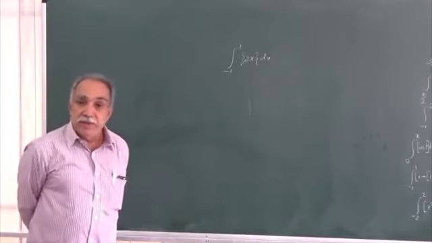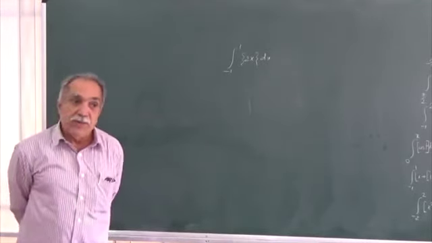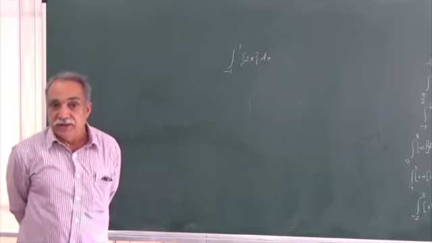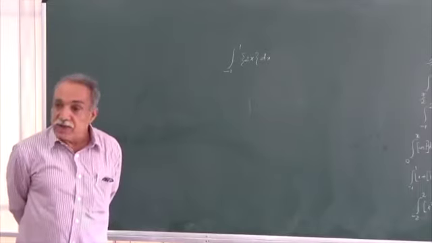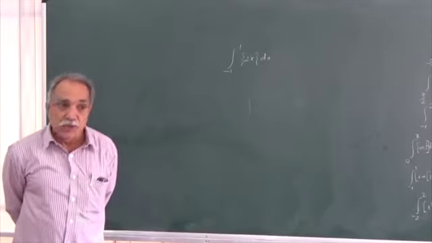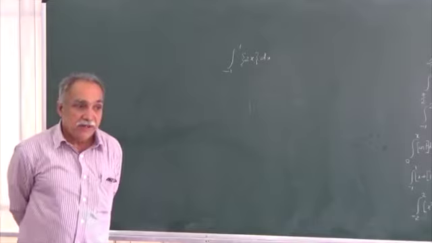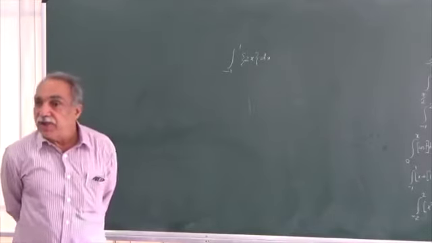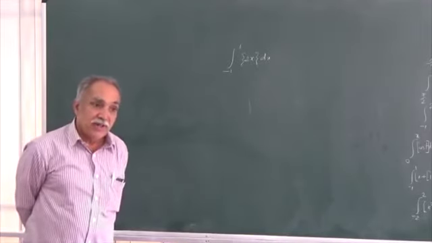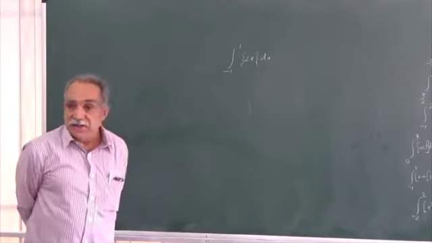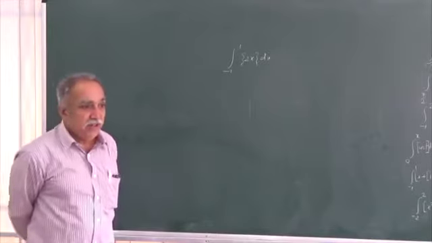Between 1 and 2, it is actual value minus 1. Between 2 and 3, actual value minus 2. Between minus 1 and 0, actual value plus 1. Like that, different formulae apply in different intervals.